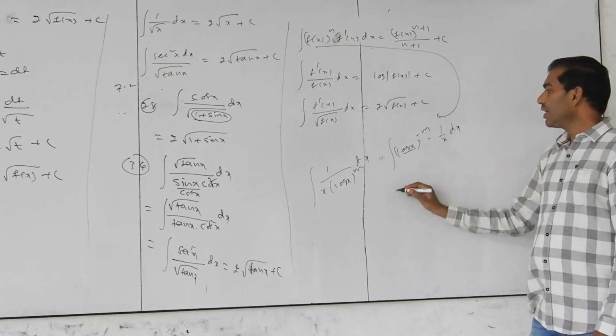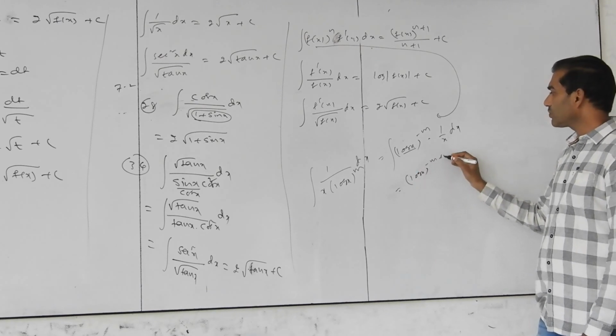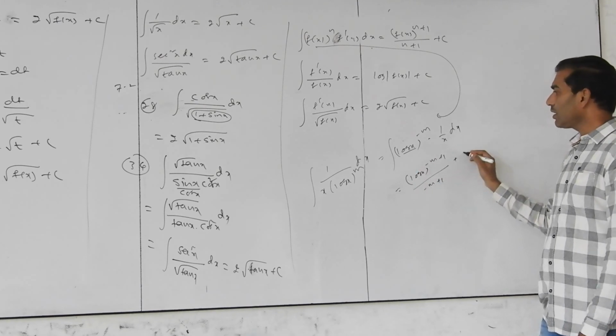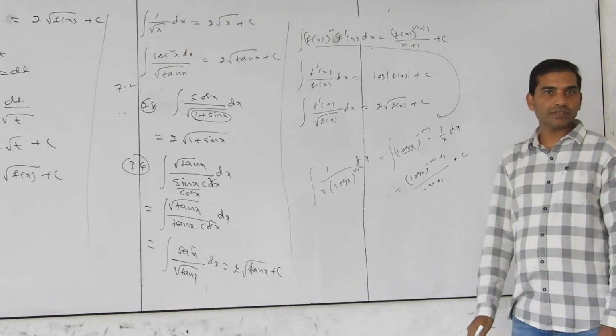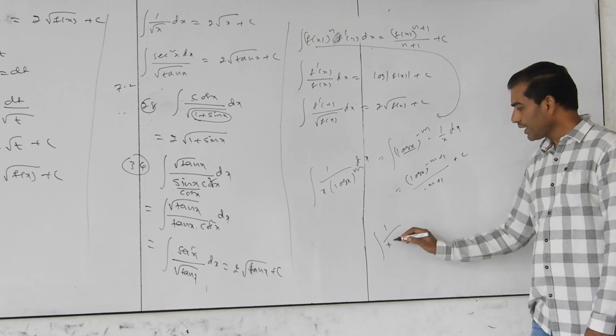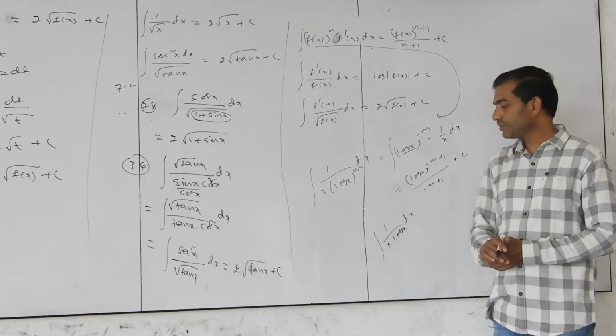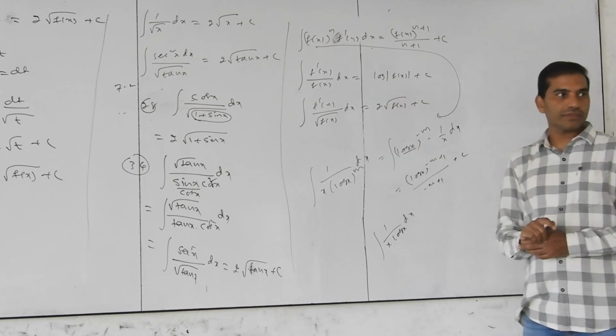So the formula gives log x whole power minus m plus 1 by minus m plus 1 plus c. Are you following? If m is not there, integration of 1 by x log x dx, which form does it contain? Second one. Okay.